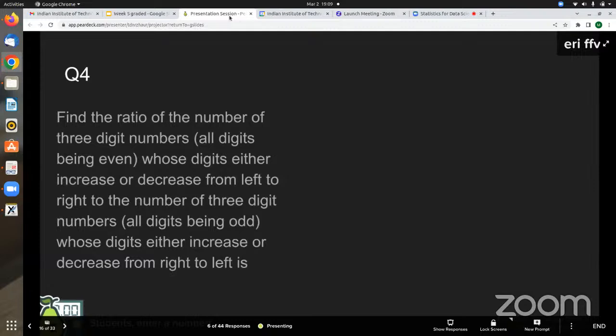Can the numbers be repeated? I don't think so.